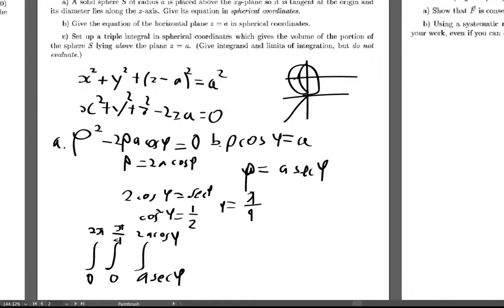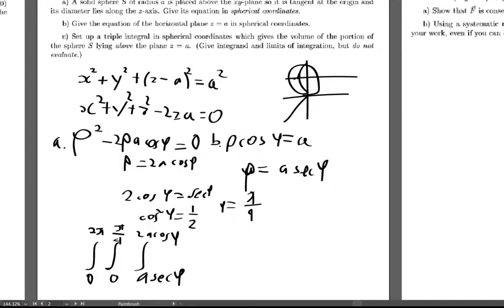Okay, so now that we have figured this out, we want to figure out the integrand. In this case, the integrand is not 1. 1 would be true if it is dv, but we transform this dv into d rho, d psi, d theta. So we need to figure out what the integrand is.